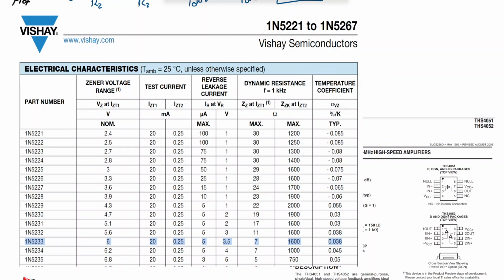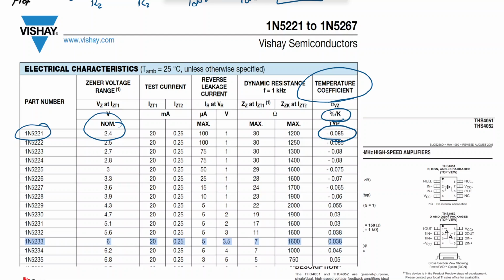You can go with any provider of Zener diodes, like ST Microelectronics or, let's say, onsemi would be good ones. In this case, 1N5221, 2.4 volt nominal, the range of current is fine. We are actually going with a very safe range of 10 milliamp. And then you can see for the temperature coefficient for 2.4, I have negative 0.085 typical percent per Kelvin.